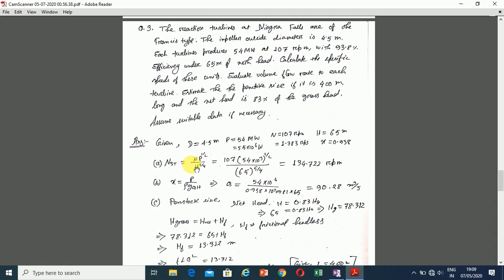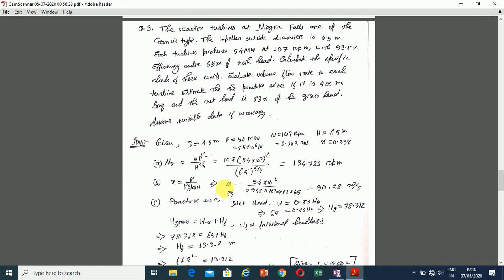Specific speed NS is equal to N P to the power 1 by 2 divided by H to the power 5 by 4, that is 107 into 54 into 10 to the power 3, it is in kilowatt, to the power half divided by 65 to the power 5 by 4, that is 134.722 rpm.